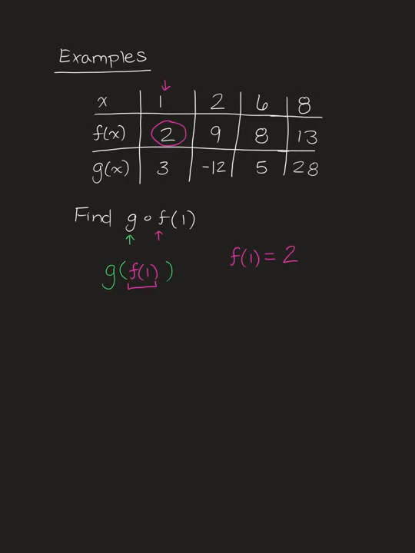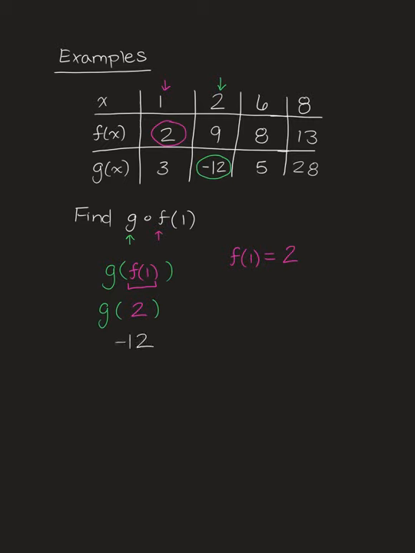So if f of 1 is equal to 2, then I plug 2 into g. Looking at the table, where x is 2, what is g? That is negative 12. So g of f of 1 equals negative 12.